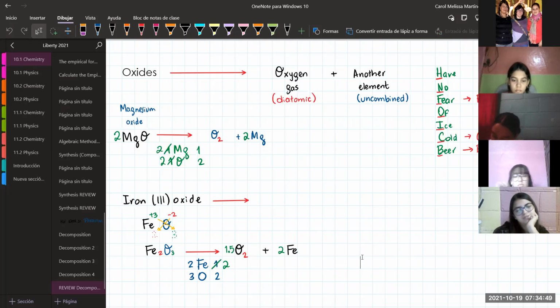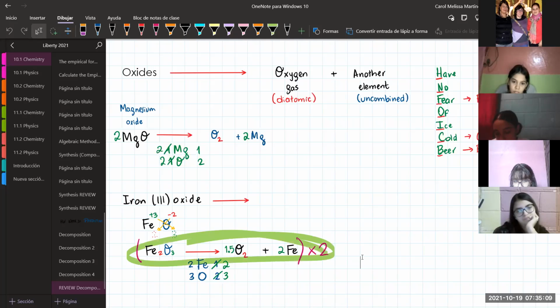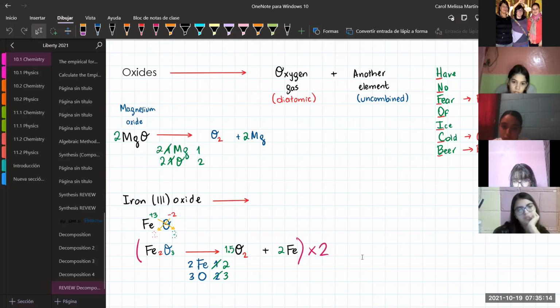Now my oxygen is balanced, but I cannot leave this answer like this. I need to multiply the whole reaction times 2. Guys, when you multiply times 2, don't leave the answer like this. Eso no es una respuesta, chicos. You have to multiply times 2 and then write the final answer. Remember, here it's like having an invisible 1.